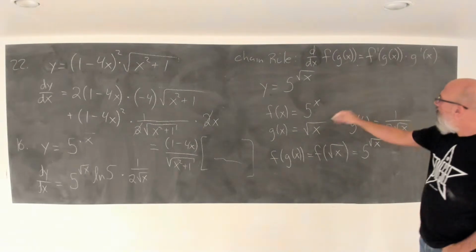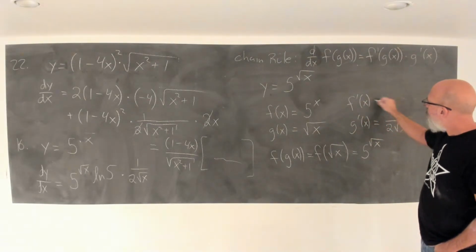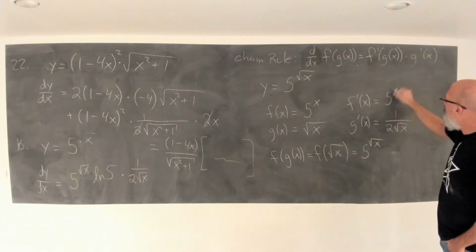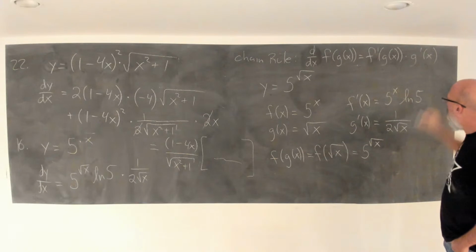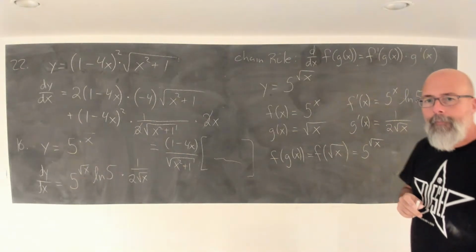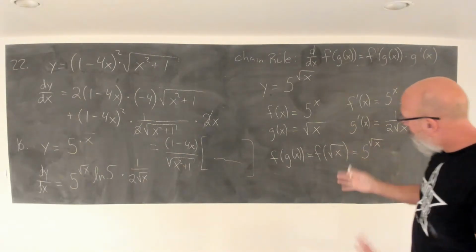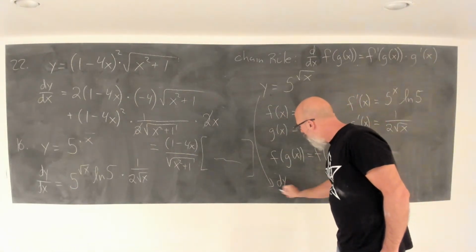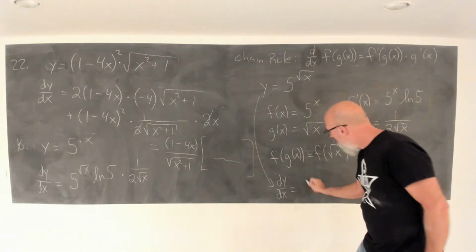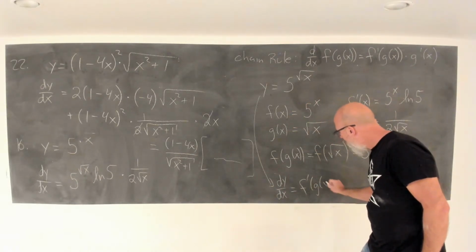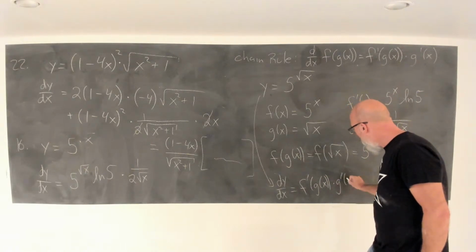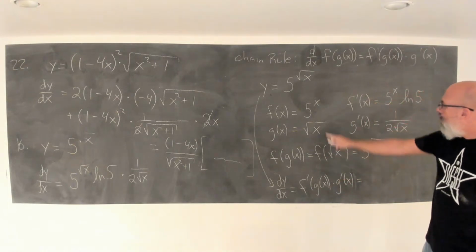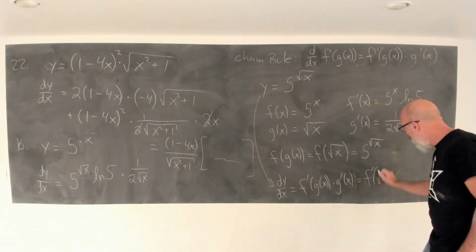So g prime is this, and f prime, well, this is a to the x. So the derivative is a to the x ln a. And now let's put everything together. dy/dx, according to the chain rule, is f prime of g times g prime of x. g is root x, so that's f prime of root x.